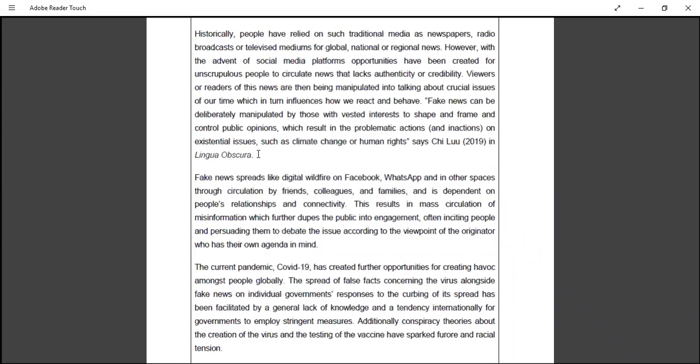If you look also at the second paragraph, you look at the last line. These result in mass circulations of misinformation. Now, obviously, if this fake news is spread, people will be misinformed, and this spreads because you know how social media works.